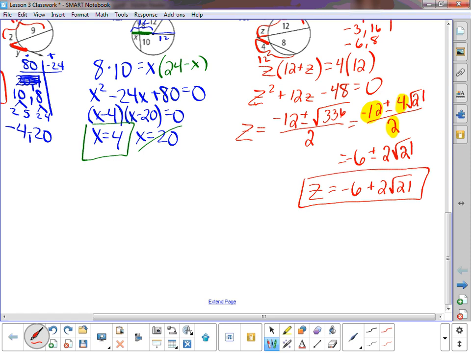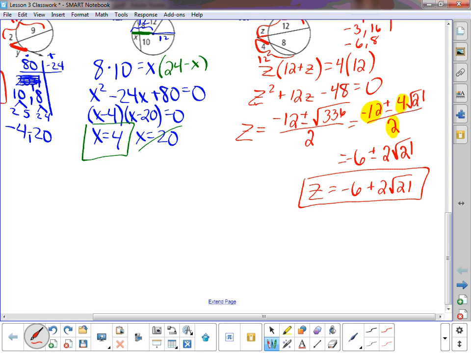Raise your hand if you got all the way down to the end. Very good. Questions on those 3? I think you might have subtracted instead of adding.